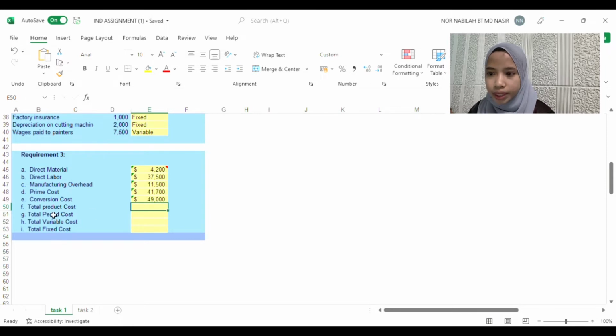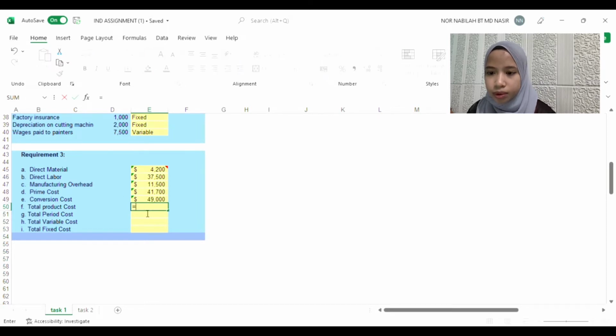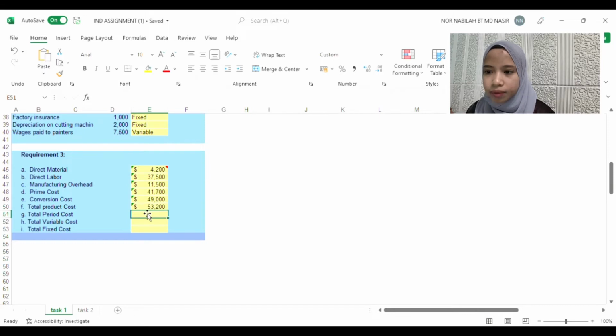The total is 49,000. Next, total product cost. We add direct material, direct labor, and manufacturing overhead, 4,200, 37,500, 11,500, and then the total is 53,200.